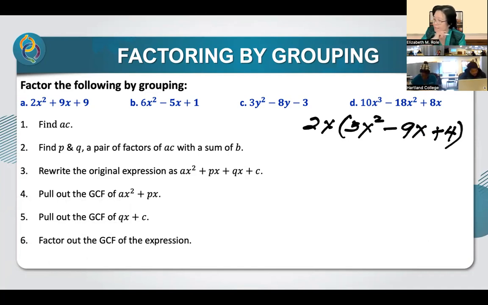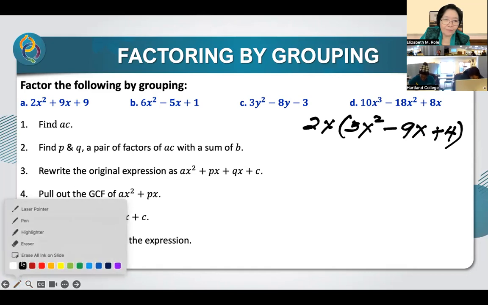Now I just factor out 5x squared minus 9x plus 4, so there will be 2x and then 2 factors.